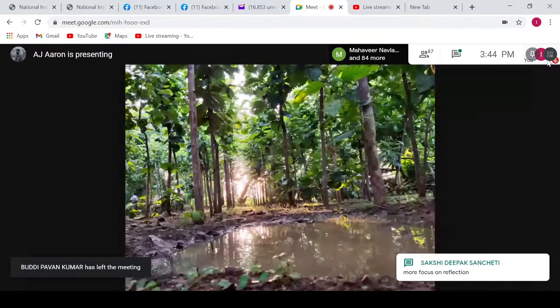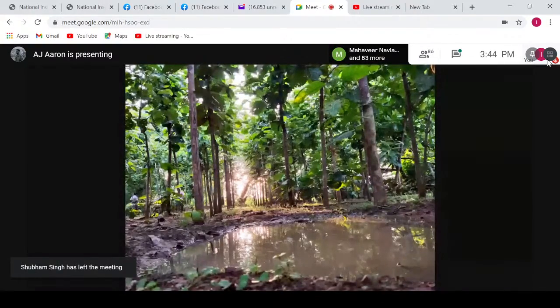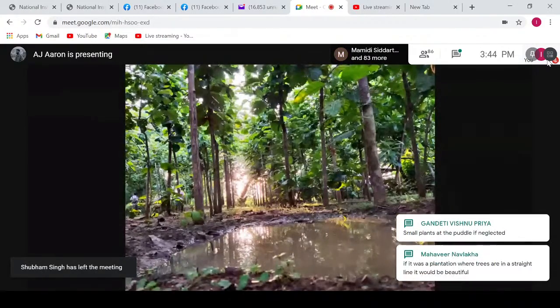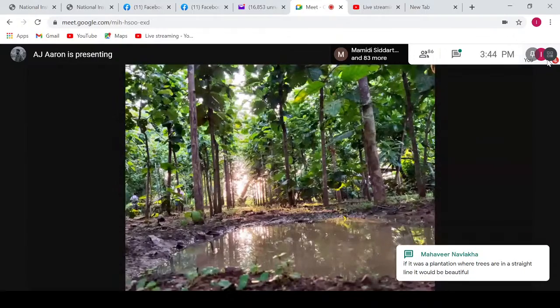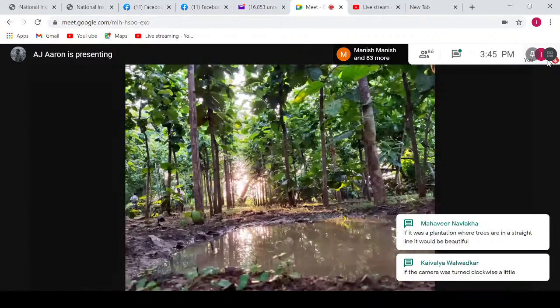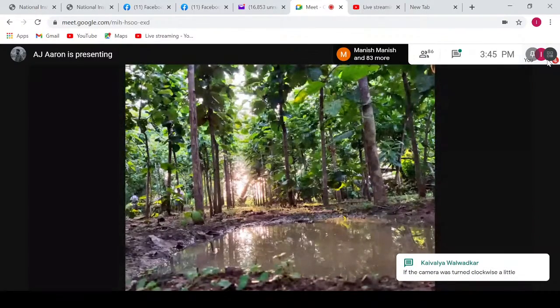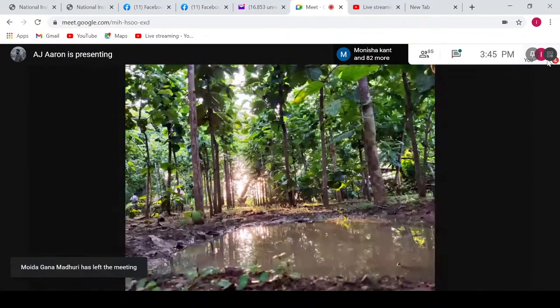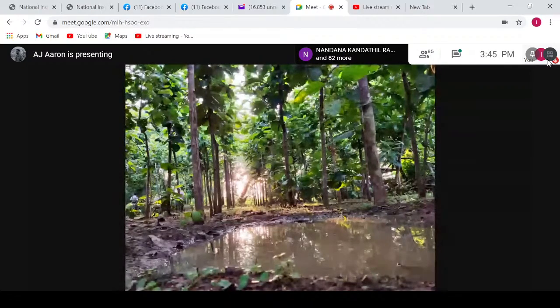Yeah. Sriharsha says it should have been center. Do you guys agree, if the sunlight was in the center, this would have been interesting, right? Bhavna says if reflection is included, it would have been better. Animesh says if the water had led to the end.